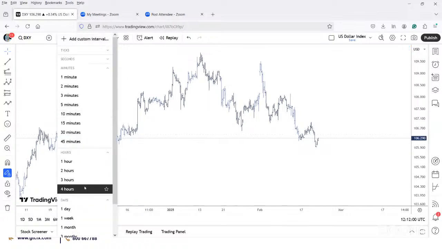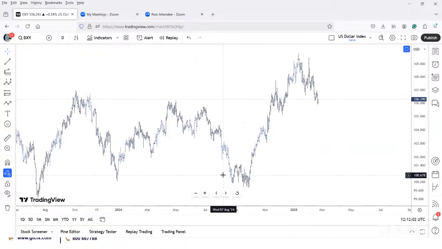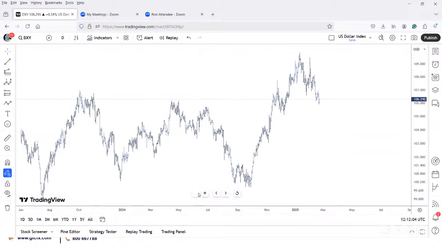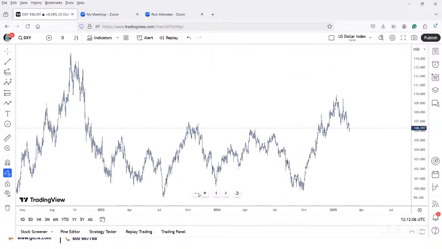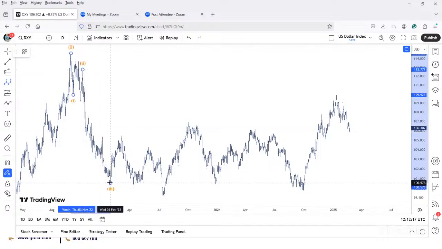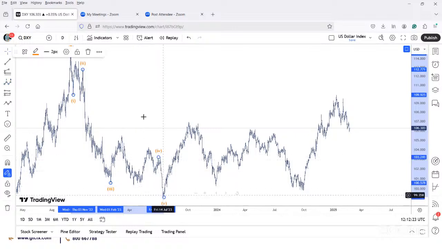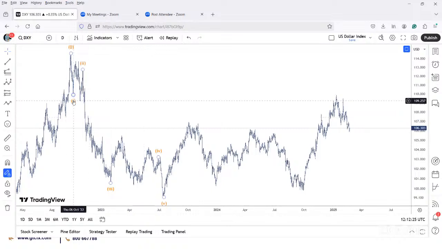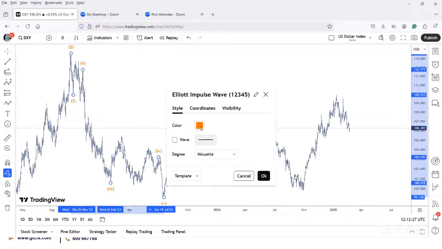Bringing up the daily chart first. So that's an impulse lower, exactly opposite to what Euro has done.